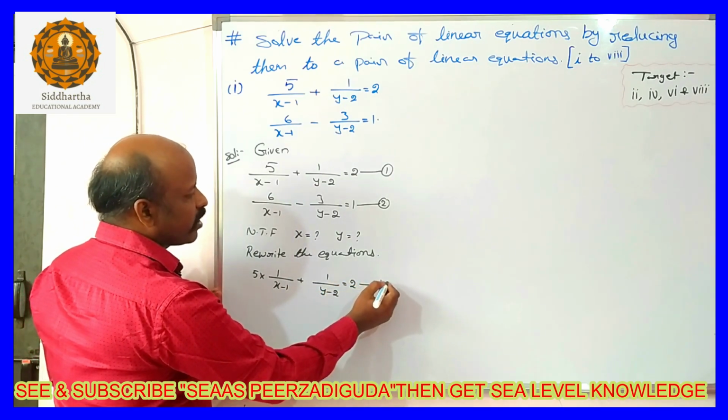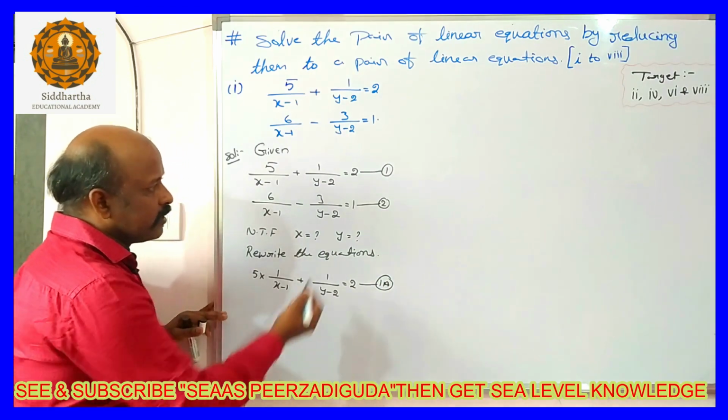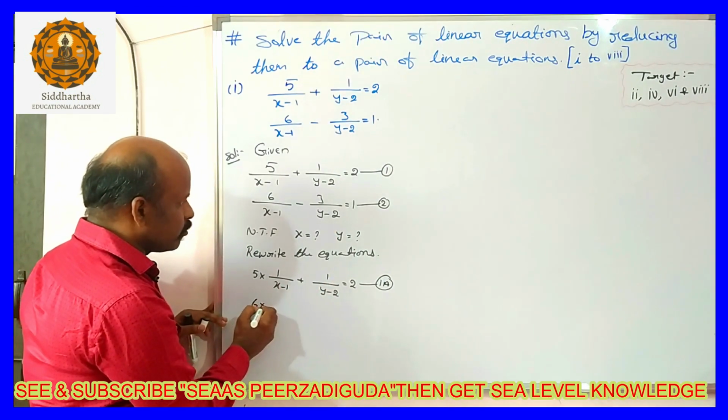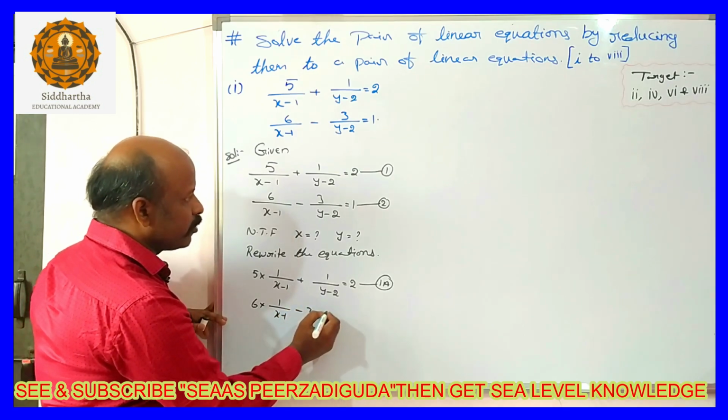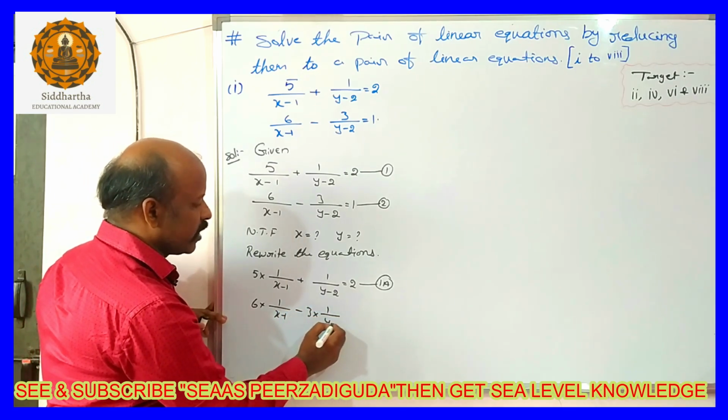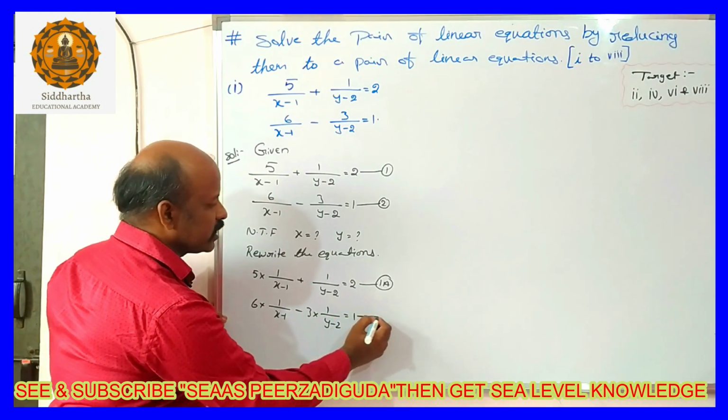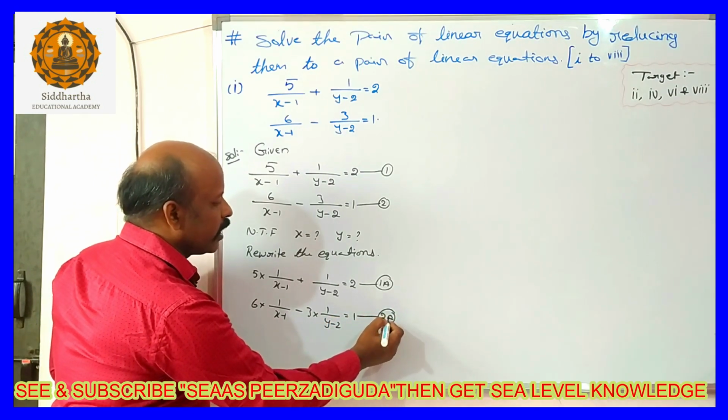This is equation number 1a. Second equation: 6 into 1 by x minus 1 minus 3 into 1 by y minus 2 is equal to 1. This is equation number 2a.